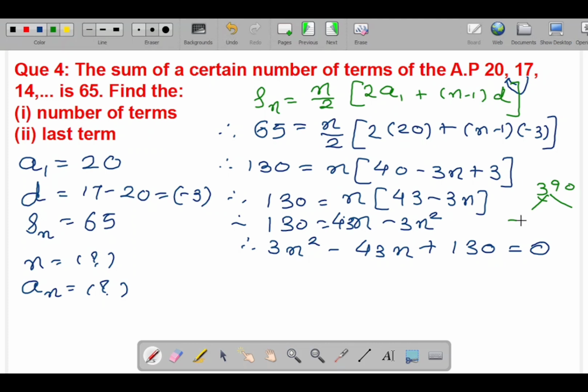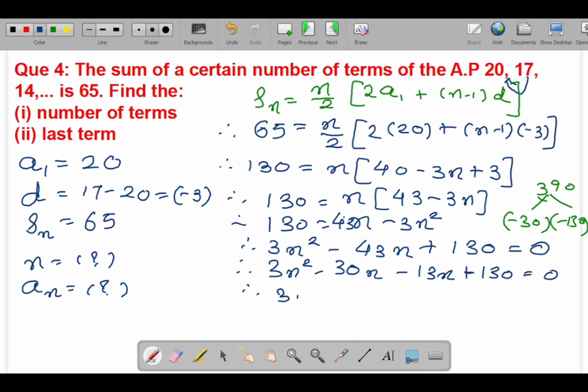So here I will use minus 30 and minus 13. So we will get 3n square minus 30n minus 13n plus 130 is equal to 0. Here you can take 3n common.